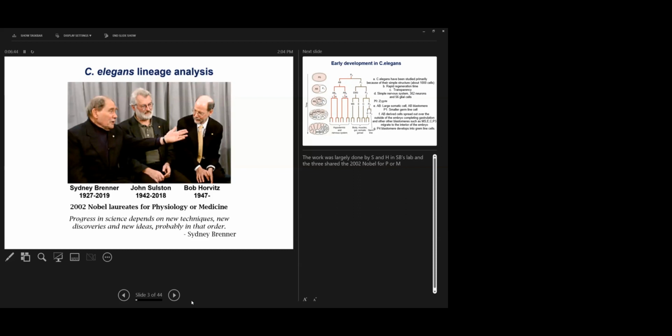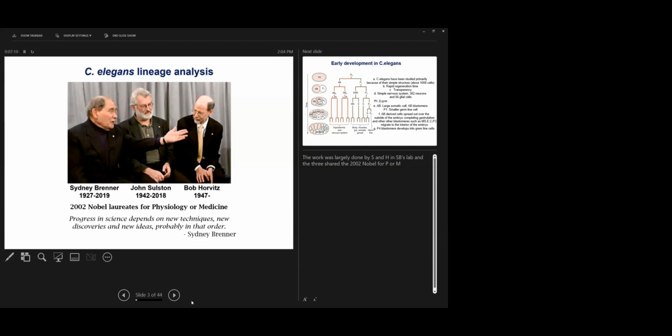They got the Nobel Prize for their work on how neurons are formed in C. elegans. Because C. elegans is a very simple organism, there are very few neurons. You can easily manipulate each neuron and assess the function. So it is a great model organism to study developmental biology. They did the work on lineage analysis and got the Nobel Prize in 2002.